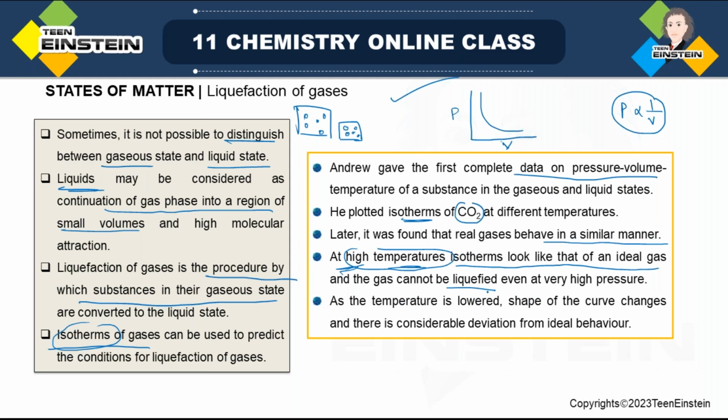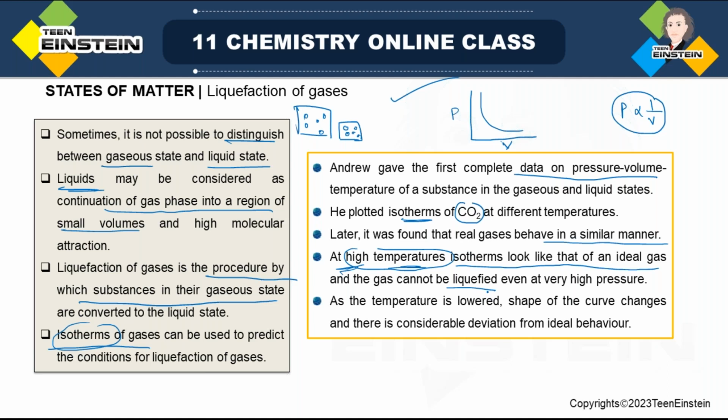Liquefaction is not possible. So there is a particular temperature below which you can do liquefaction, but above this temperature you cannot do liquefaction. And for different gases there is a particular value of temperature. So for CO2 there is one value, for nitrogen there is another value.